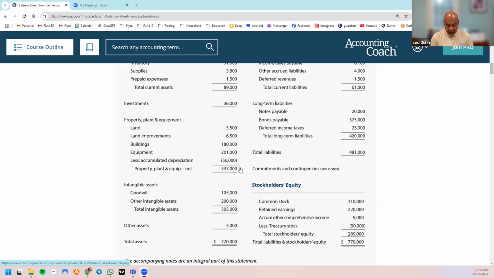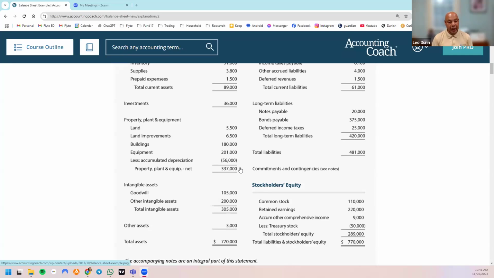Retained earnings. Retained earnings is the accumulation from inception of this business all the way to December 31st of profits or losses over that period of time. So each year, we will close out our profit and loss statement. If it's a profit, we're going to increase our retained earnings.